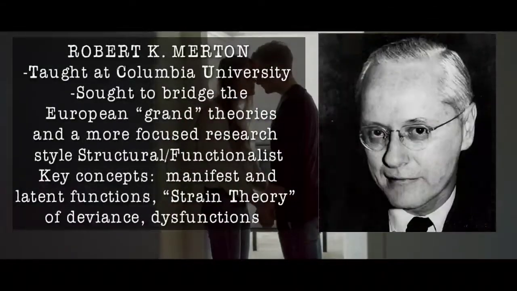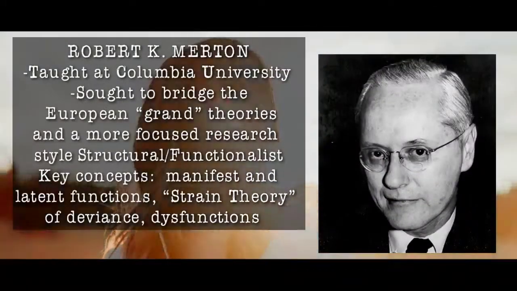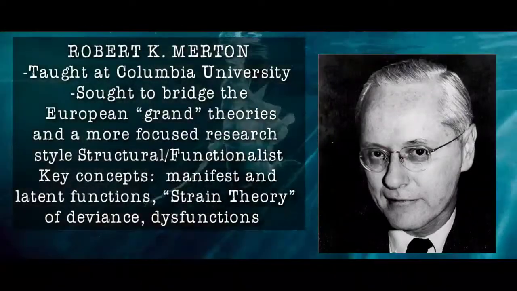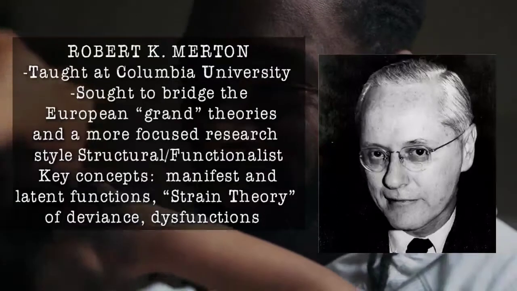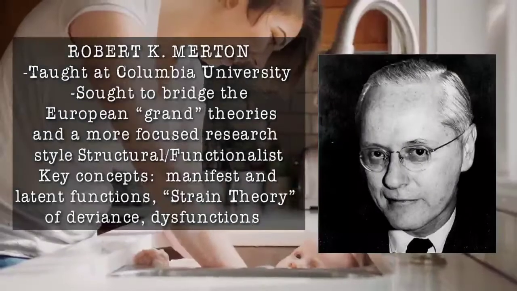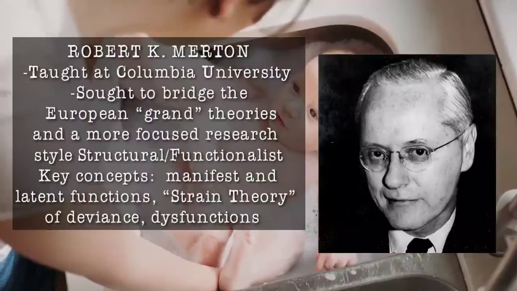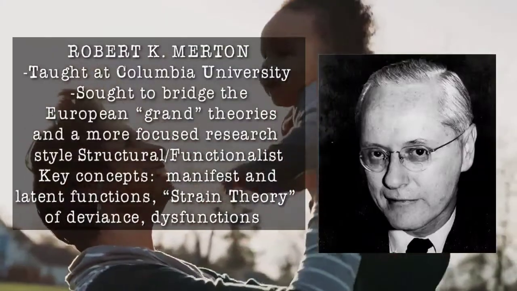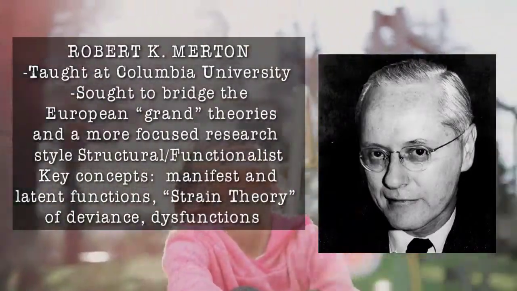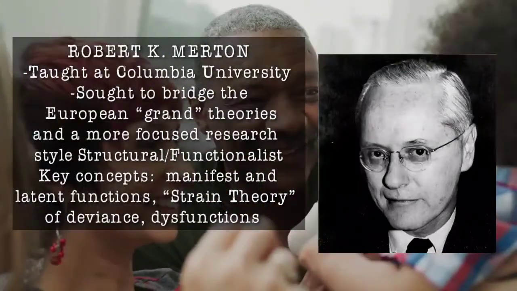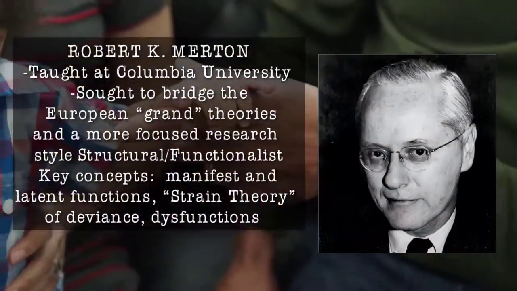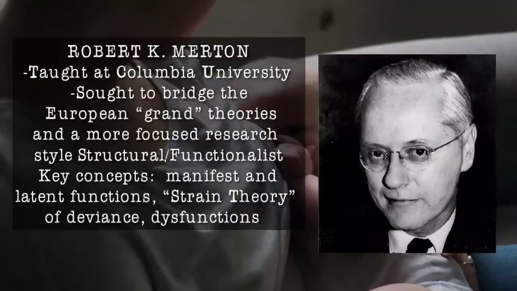Another key personality in structural functionalism is Robert K. Merton. He taught at Columbia University and sought to bridge the European grand theories and the more research-focused style of structural functionalists. Some key concepts that we may tag to him are the manifest and latent functions, and the strain theory of deviance and dysfunction.